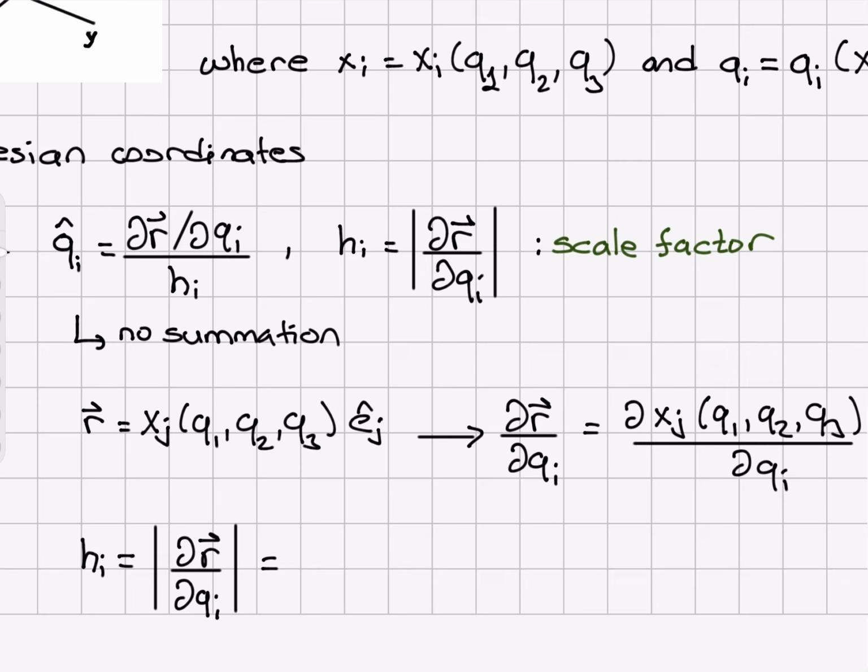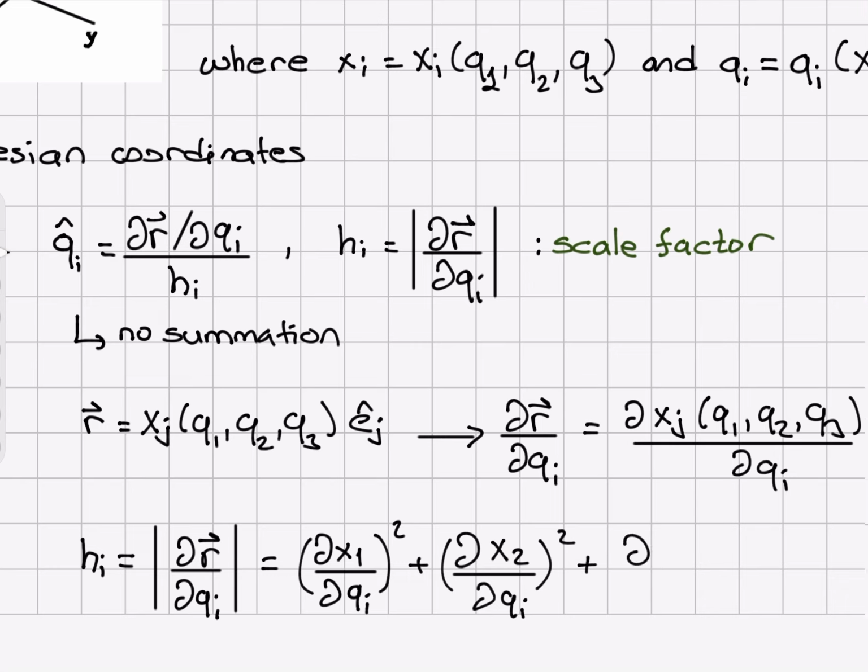So we will have del x1 del qi, parentheses squared, plus del x2 del qi, parentheses squared, plus del x3 del qi, parentheses squared, and this would be inside the square root.